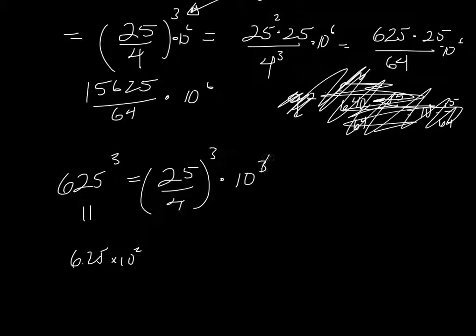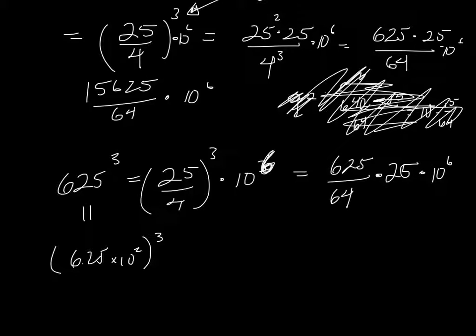I'm sorry, this is 10 to the 6th. I'm actually better at this in my head than I am writing it down. That's why I'm messing all this stuff up. Now, 25 cubed, 625 over 64 times 25, right? Times 10 to the 6th.